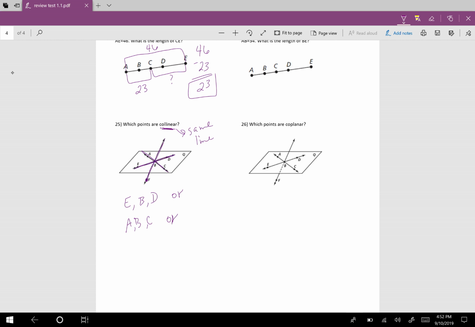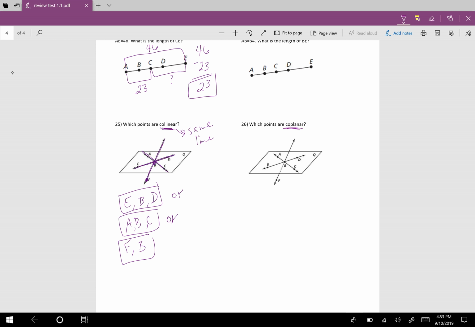We actually have 2 points on it. There's point F and point B. So those are also technically collinear. So EBD is on one line, ABC is on another line, and FB is on that third line. So they're collinear, meaning on that one line together. So EBD would be one group on a line, ABC would be another collinear group, and FB would be another collinear group.